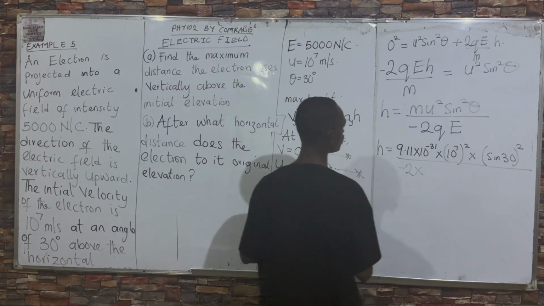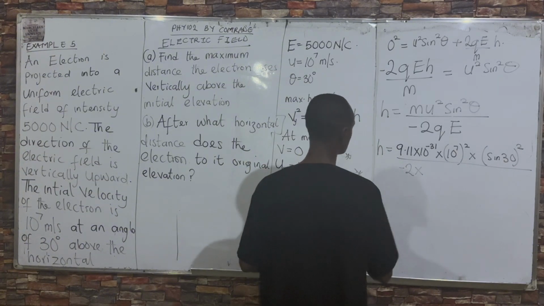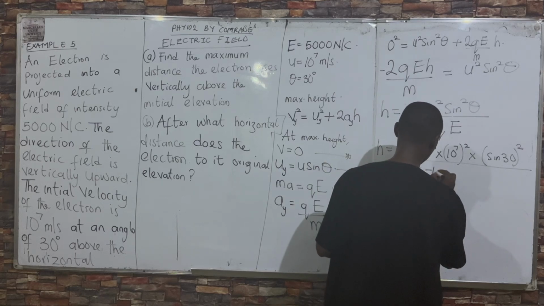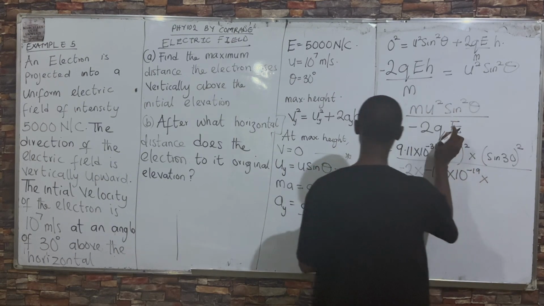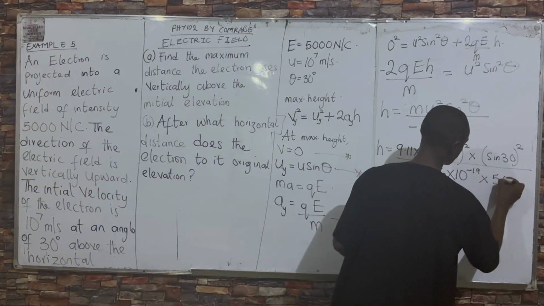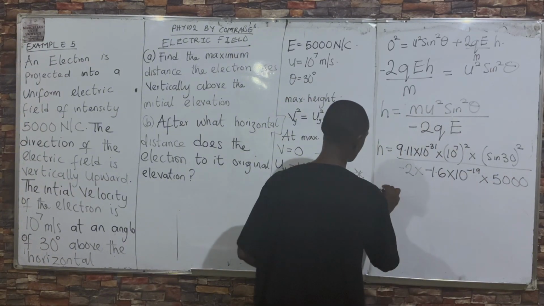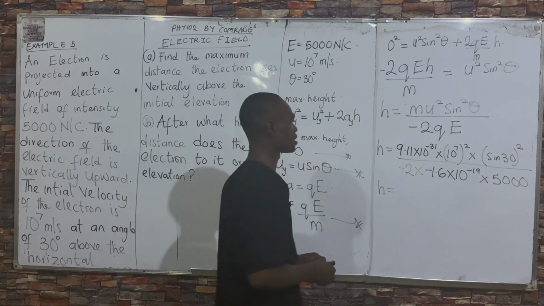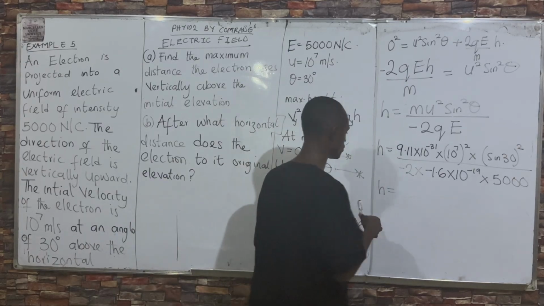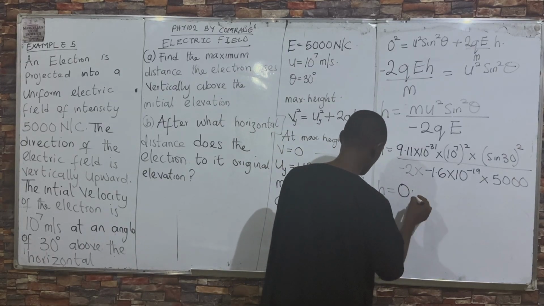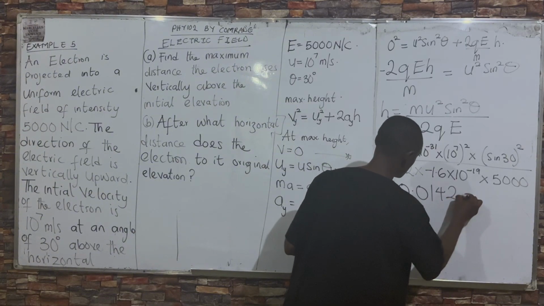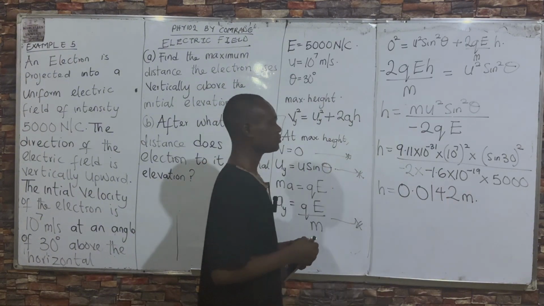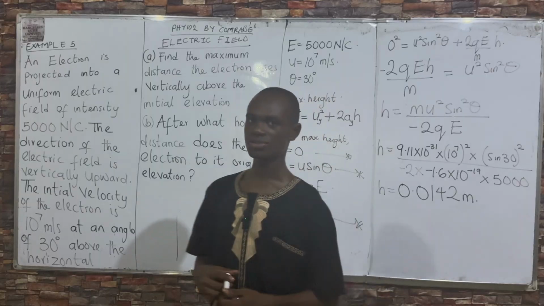The charge of the electron is also negative, do not forget. So I have minus 1.6 times 10 raised to power minus 19, and E is 5,000. So if I press my calculator, I will get h. I am getting h to be 0.0142 meters. So that is my h.